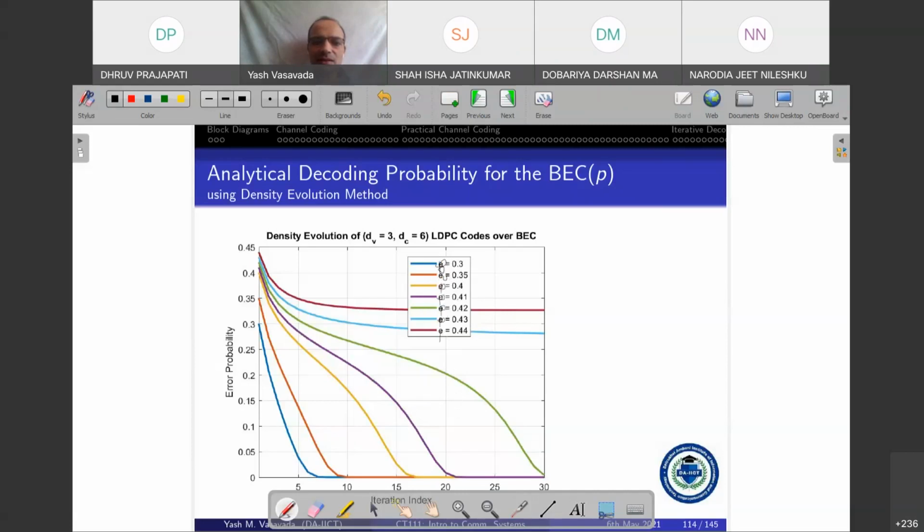There's a notation inconsistency. So we start with the binary eraser channel whose eraser probability is 30%. So it erases 30% of the bits.